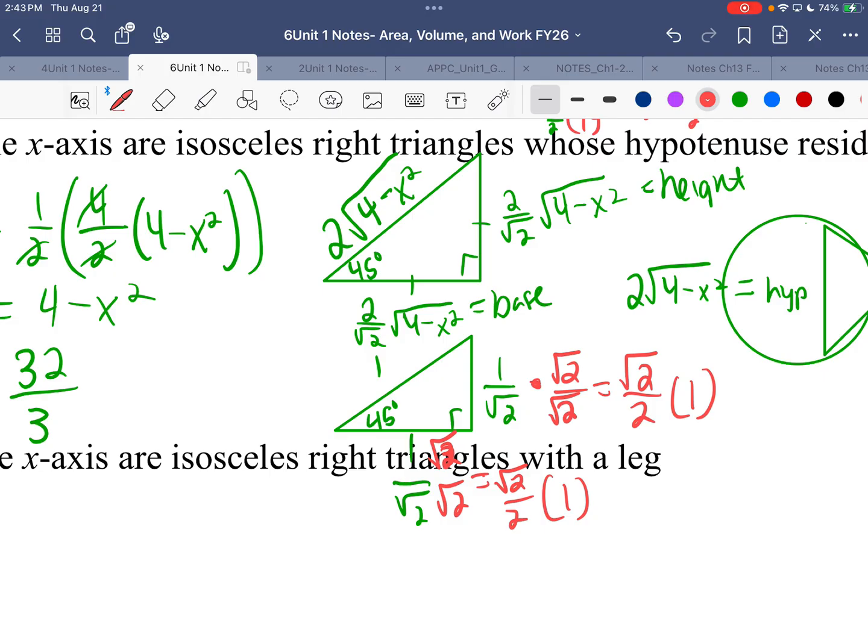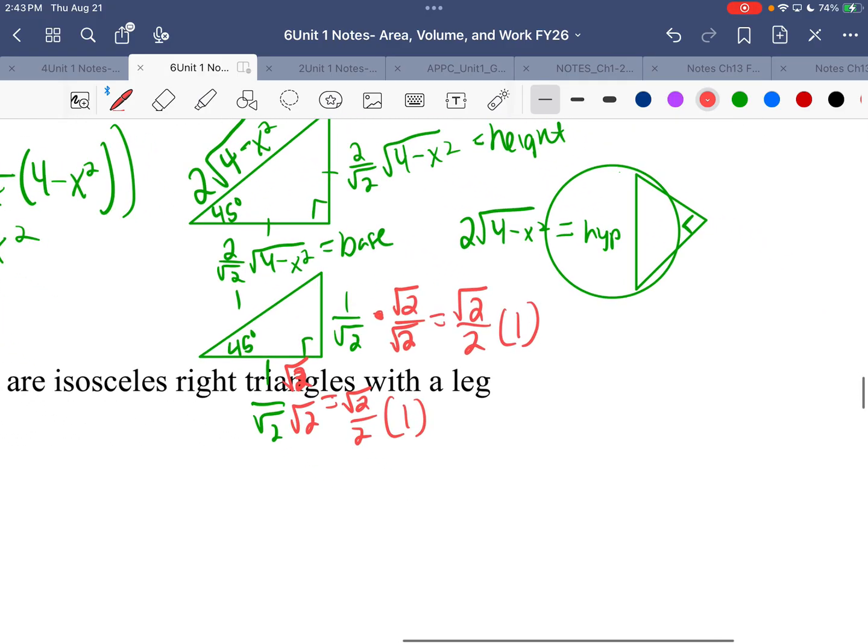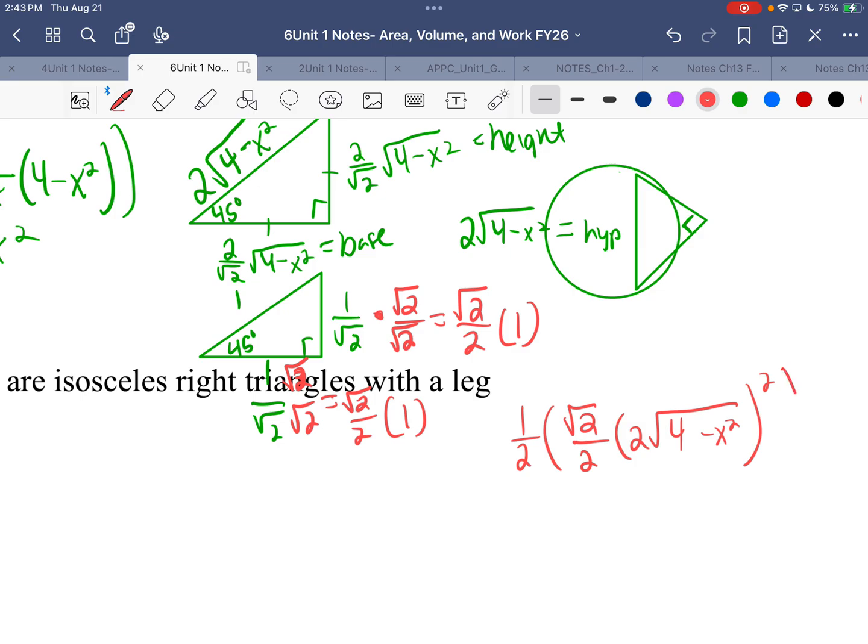So your algebra over here, if you had done the equilateral triangle with root 2 over 2, you would have 1/2 times square root of 2 over 2 times 2 root 4 minus x squared, squared. That second parentheses is wrong, because the base and the height were the same as each other.